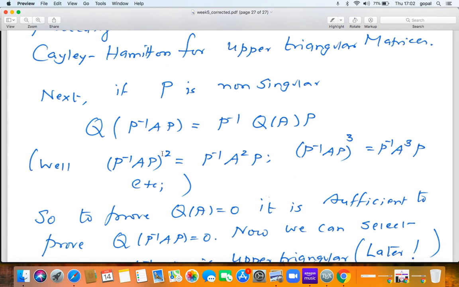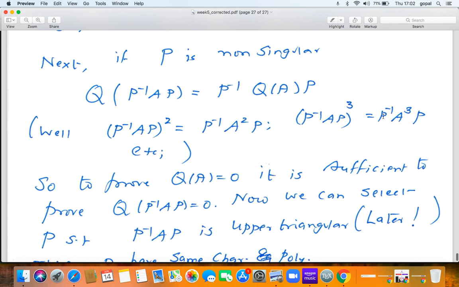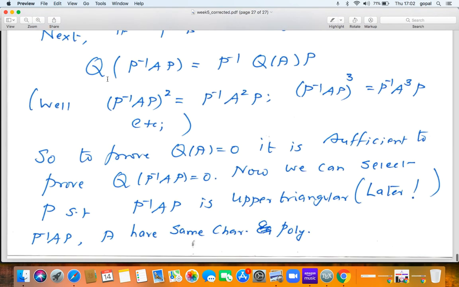(P inverse AP) squared will be P inverse AP times P inverse AP, which becomes P inverse A squared P. (P inverse AP) cubed will be P inverse A cubed P, etc. So if Q is a polynomial, then Q of P inverse AP will be P inverse Q(A) P. You have checked it for Q(x) equal to x squared, x cubed, etc. You can take linear combinations, and you can check that for any polynomial Q, Q of P inverse AP is going to be P inverse times Q(A) times P.